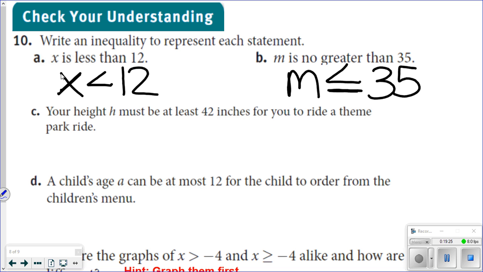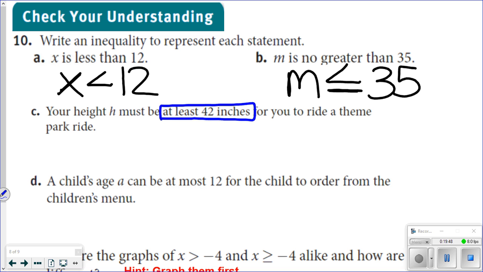Question C, real life example. Your height h must be at least 42 inches for you to ride the roller coaster. So think about this. Cedar Point or Michigan Adventure, you would not put a baby or a 3-year-old on the roller coaster. They're not big enough.